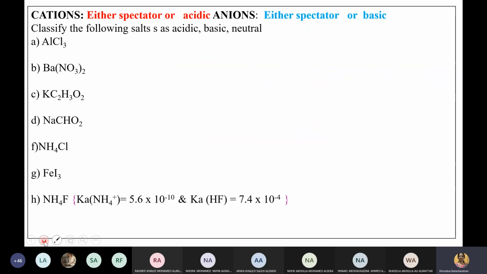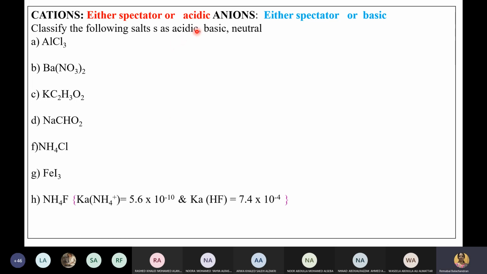Now, before we go for examples, cations mean positively charged ions. Positively charged ions are either spectator or acidic. And anions are either spectator or basic. Do you remember this?